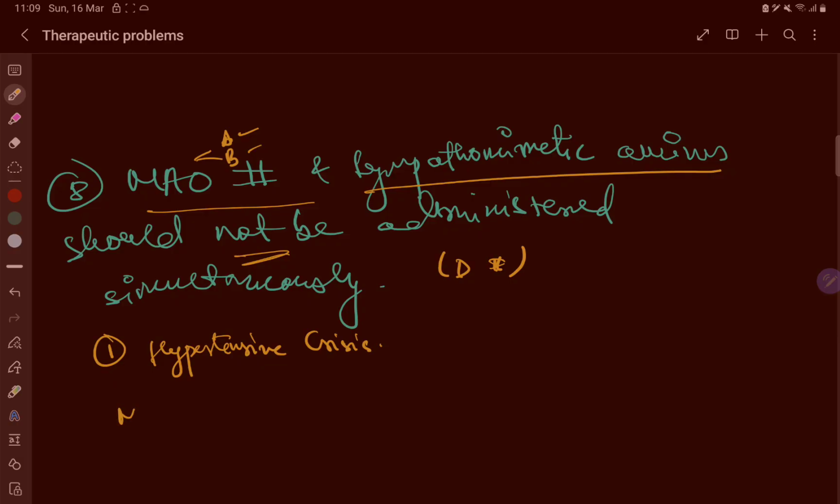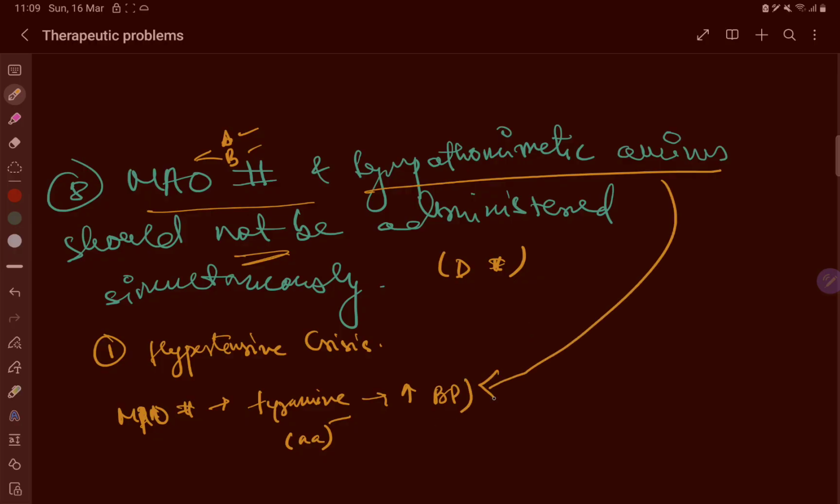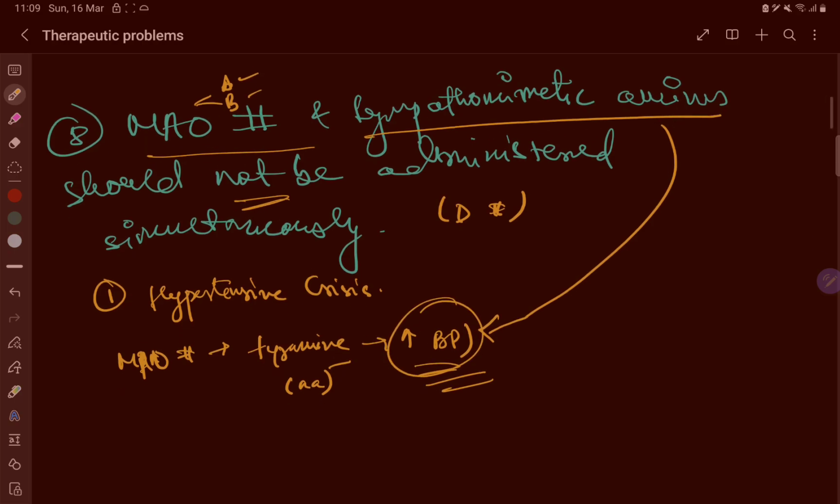How? MAO inhibitor inhibits the breakdown of tyramine. Tyramine is a naturally occurring amino acid that increases the blood pressure, as well as sympathomimetic amines also increase the blood pressure. If both increase the blood pressure, overall it may cause a typical hypertensive crisis.